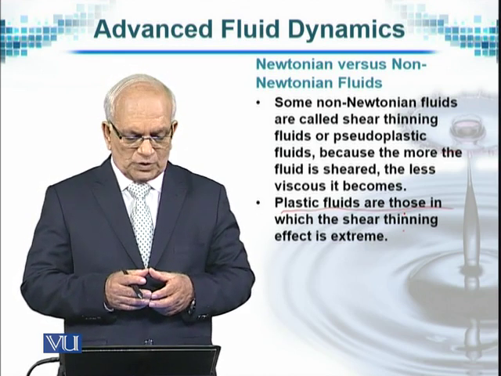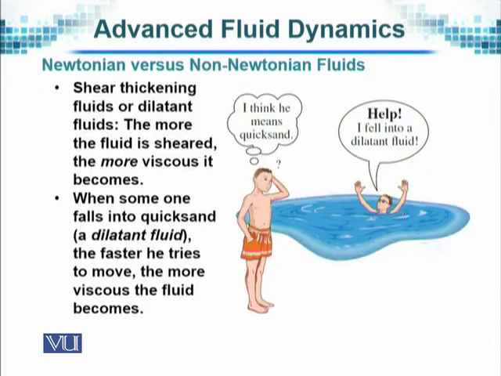Shear thickening fluids, or dilatant fluids, are those where the more the fluid is sheared, the more viscous it becomes. When someone falls into quicksand, which is a fluid in this category, the more he tries to move, the more he gets into viscous fluid.